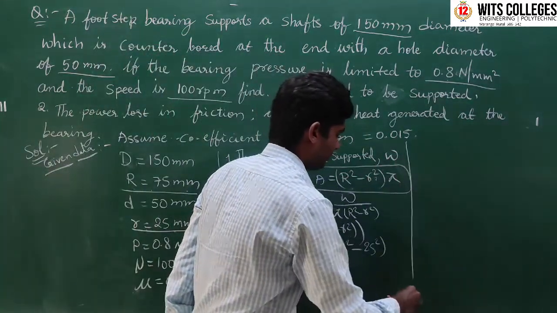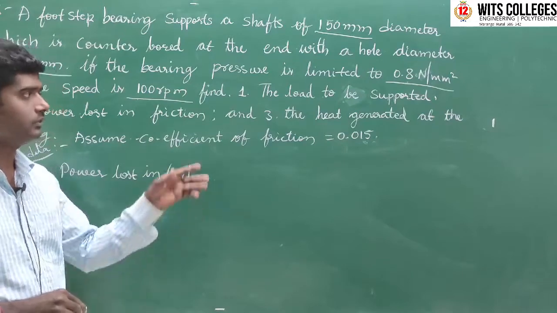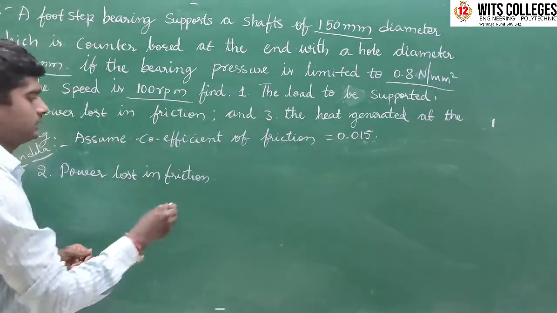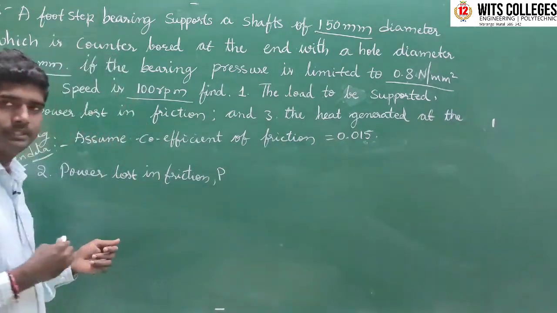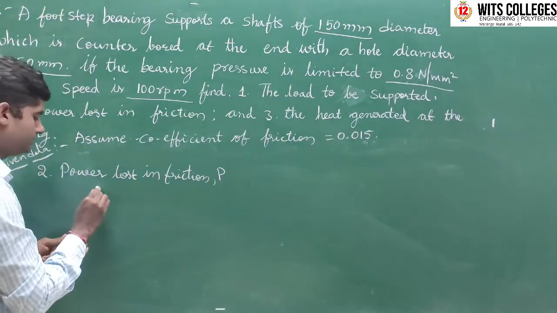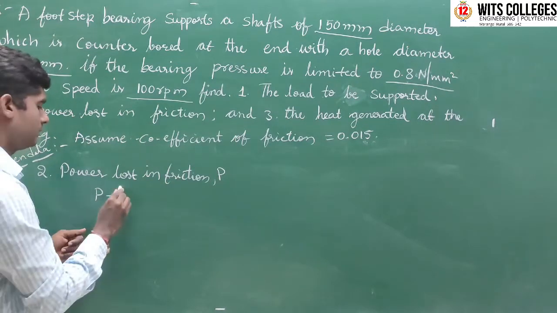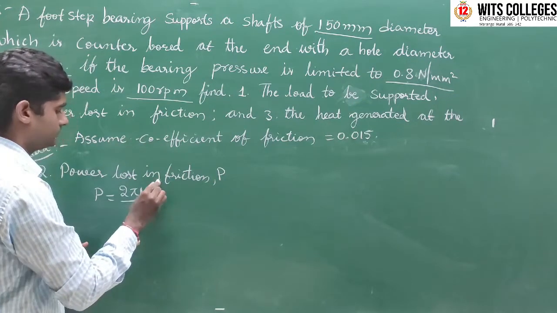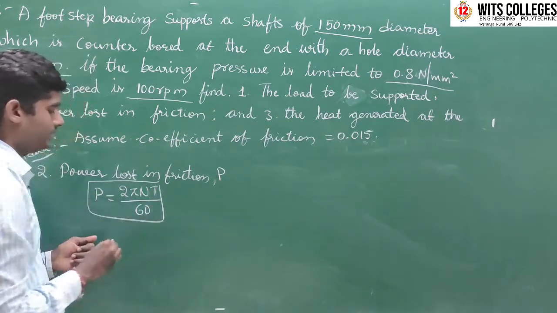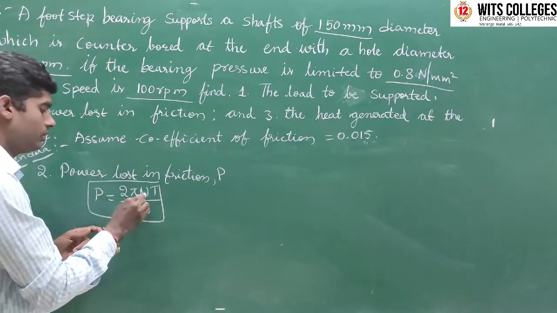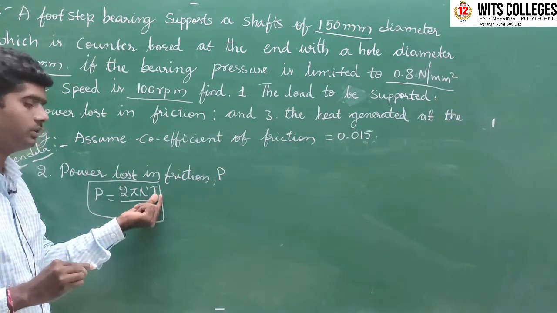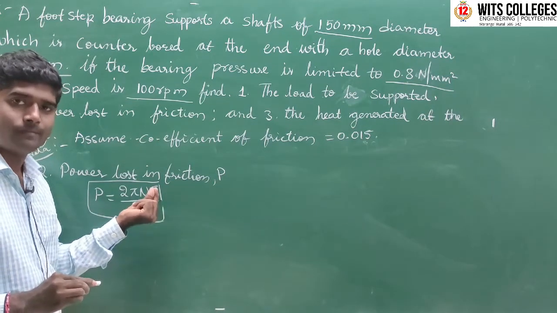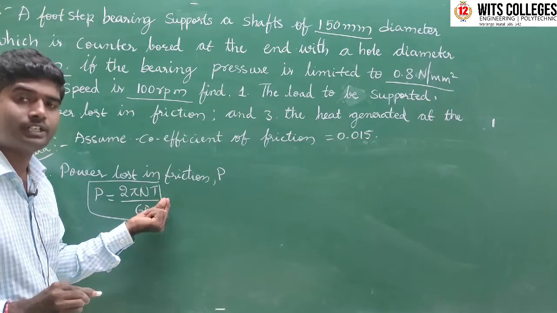Next, the second one in our problem is the power lost in friction, denoted by P. Find out P. The power formula is P equals 2 pi N T by 60. In this equation we know N, but we don't know T, so find out T, the total frictional torque.